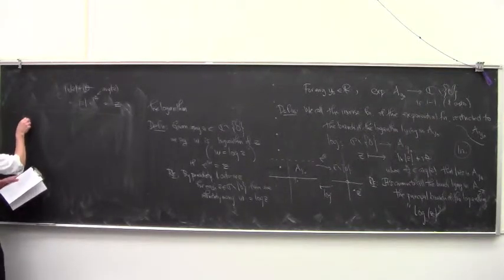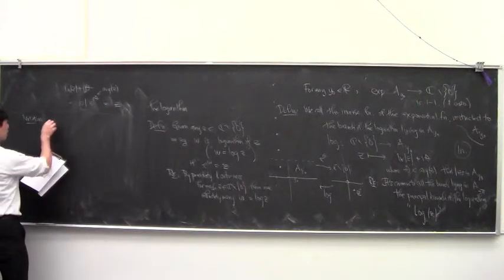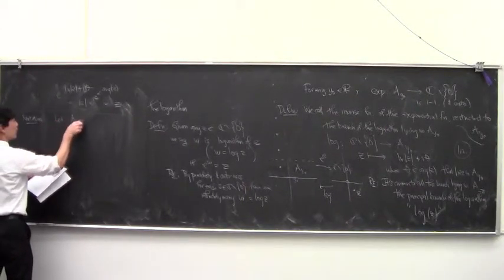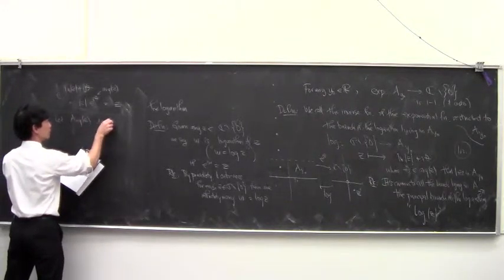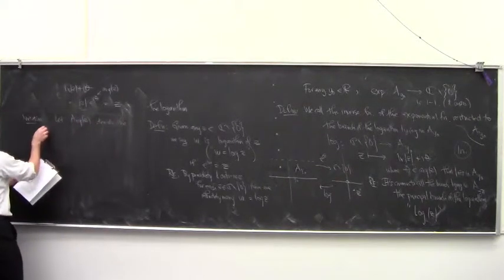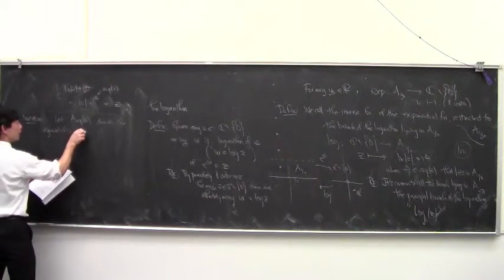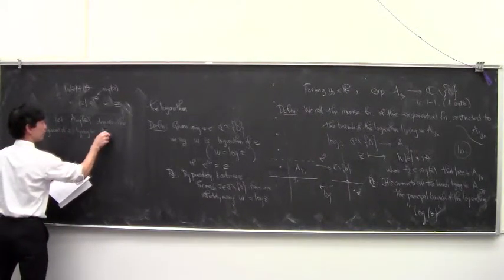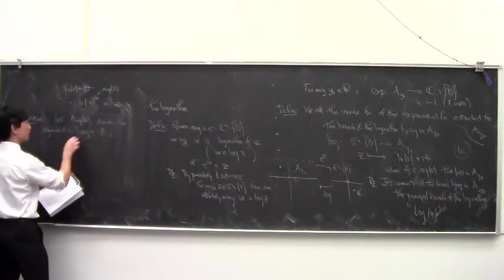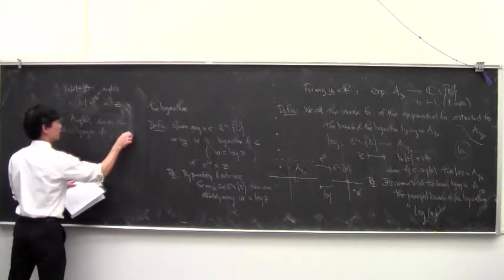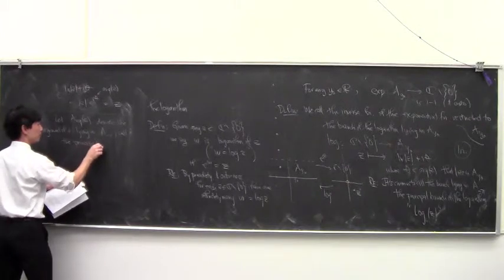Okay. Another bit of notation. Let capital Arg z denote the argument of z lying in negative pi to pi. It's called the principal argument.